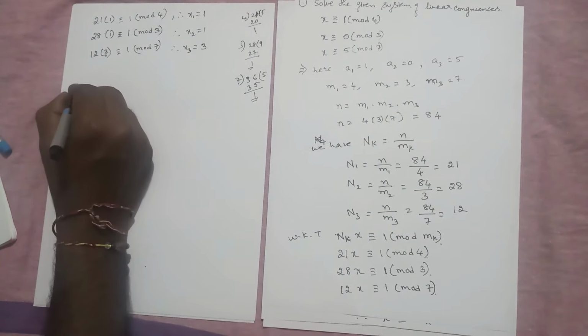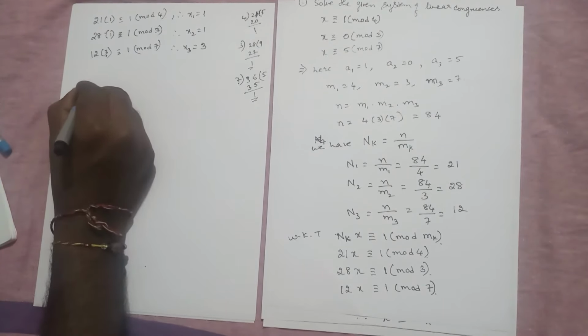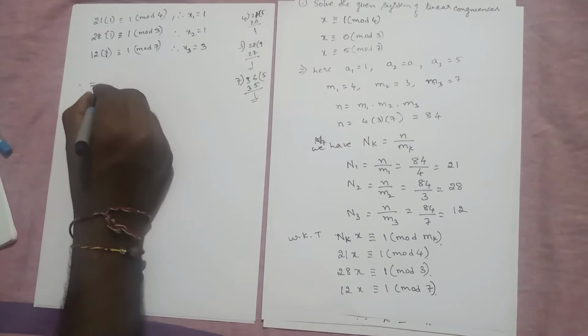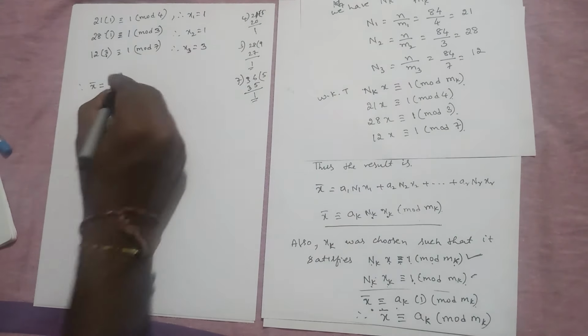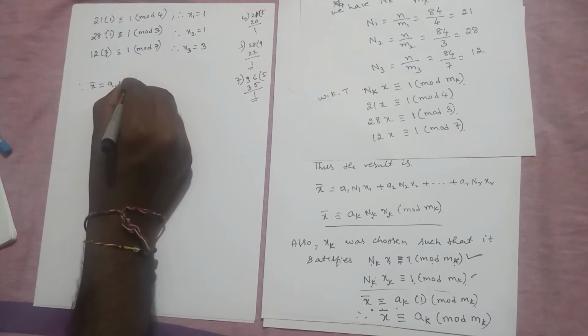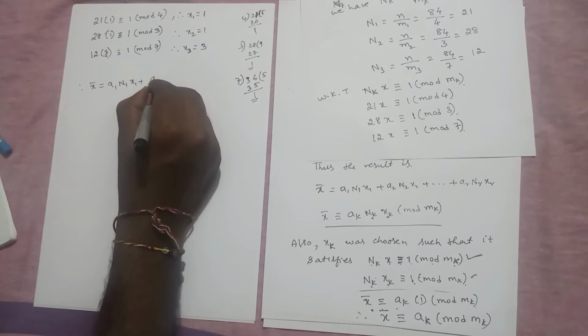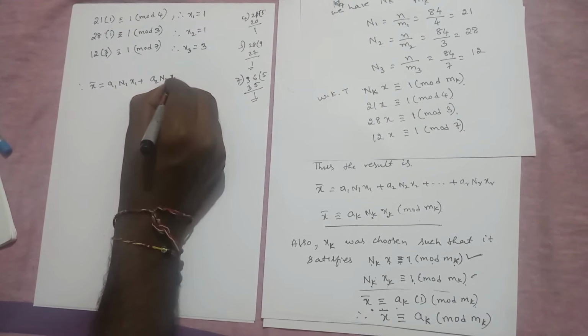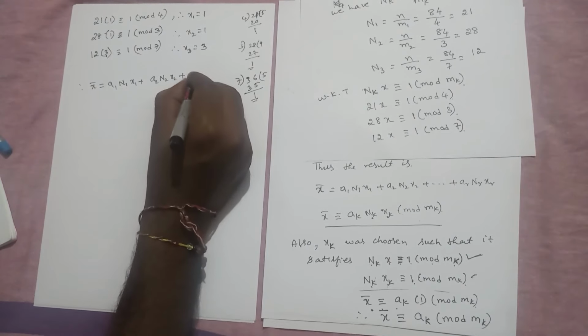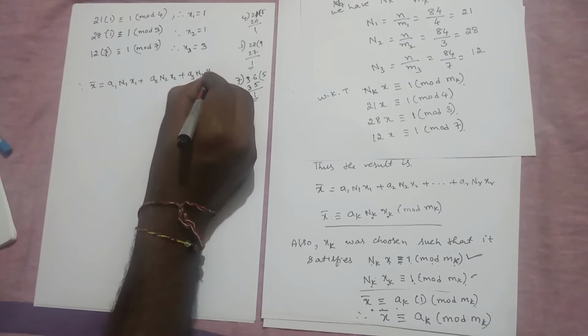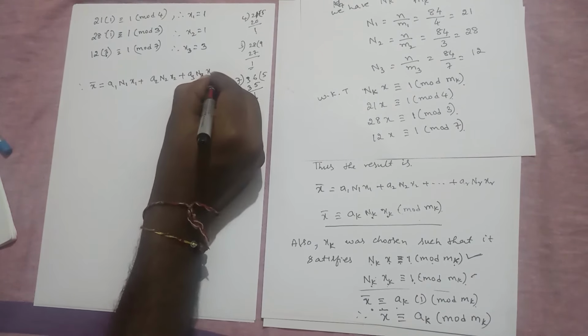Now therefore, what is the x bar formula? x bar equals a1 into n1 into x1 plus a2 into n2 into x2 plus a3 into n3 into x3.